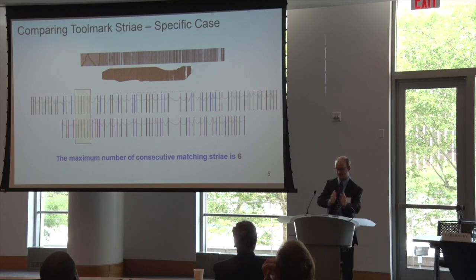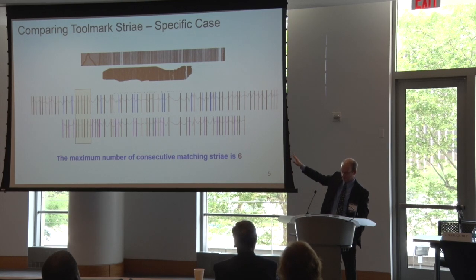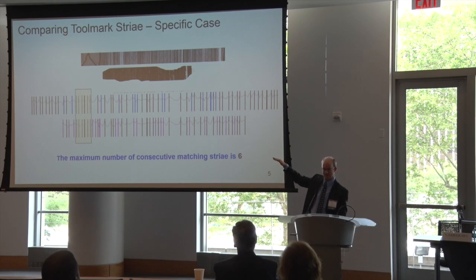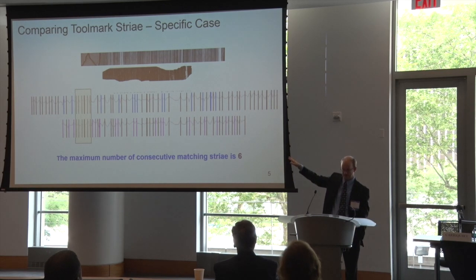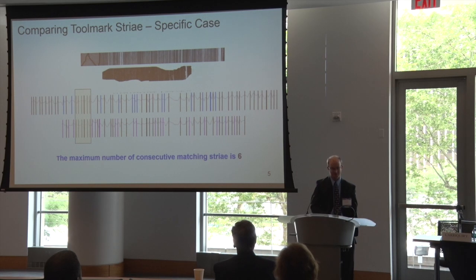In these two profiles, after scanning the top against the bottom, it was found that at this particular orientation you got a region where 6 consecutive hilltops aligned. That is, there was no hilltop in one profile that was not present in the other within that region. So the output of this comparison approach would be 6.